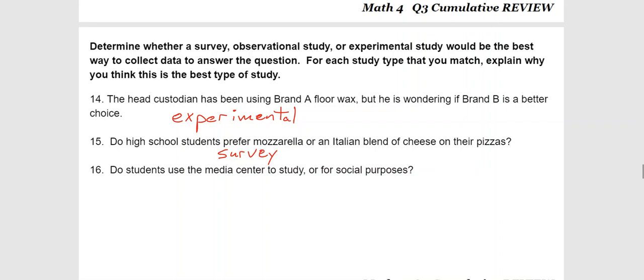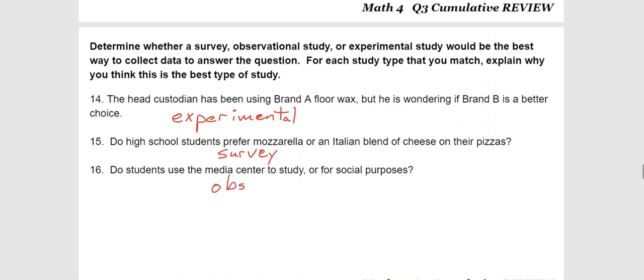Do students use the media center to study or for social purposes? Now, yes, you could survey them, but probably the easiest way to get your data is just to stand at the door and watch as they come in. Are they going to a corner and pulling out books and a laptop and doing homework, or are they sitting there chit-chatting?